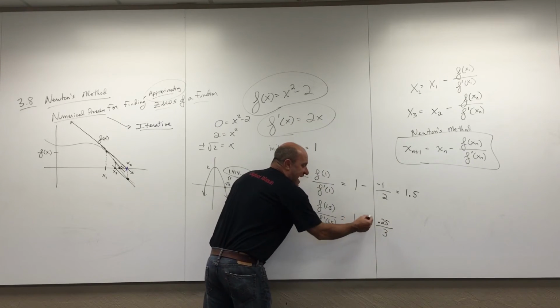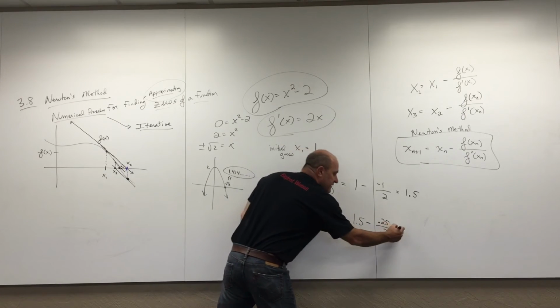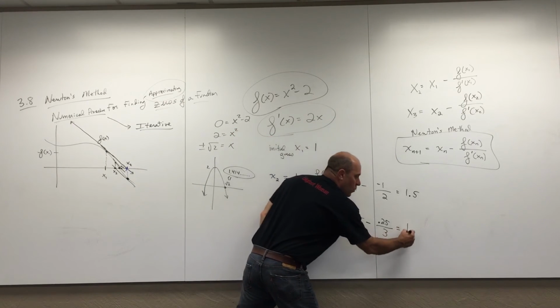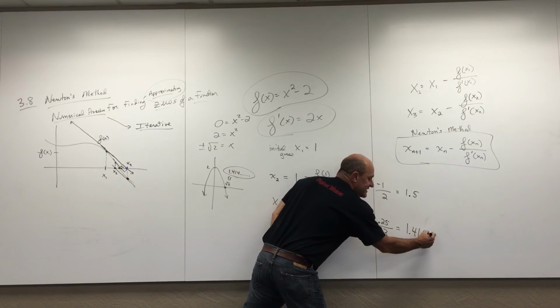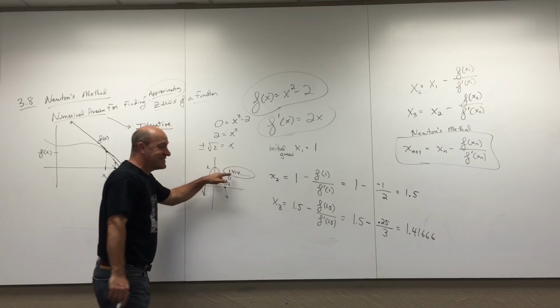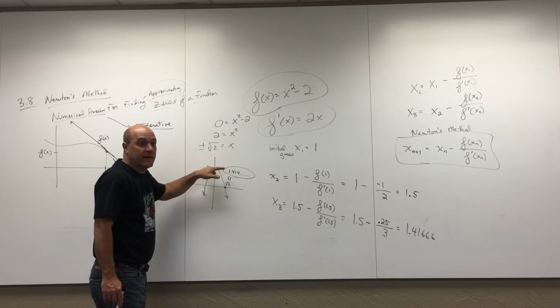So it's 1.5 minus this little fraction. Why don't you help me and tell me the answer? 1.41666. Okay, we're getting closer to the real answer. It's working.